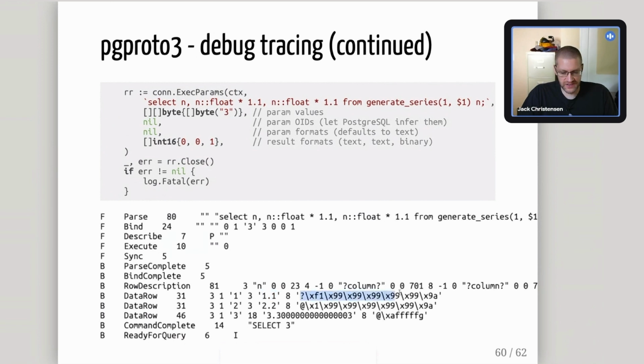And then there's some stuff here that is binary formatted. So it's useful for debugging and developing pgx itself, but it also can be useful sometimes if you're working, especially maybe with the pipeline mode or something where you need to confirm exactly what's happening over the wire. And this will tell you.